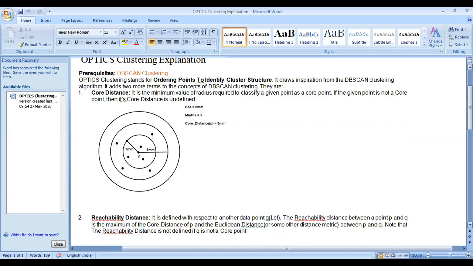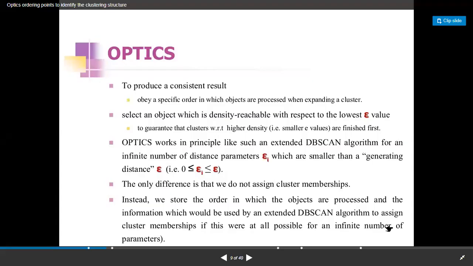The next point, I'm taking you back to the previous slide. Here the same thing has been explained, that OPTICS works on the principle like an extended DBSCAN algorithm for an infinite number of distance parameters epsilon 1 which are smaller than a generating distance, and epsilon 1 is less than the initial epsilon value.